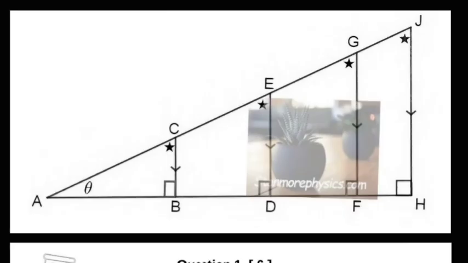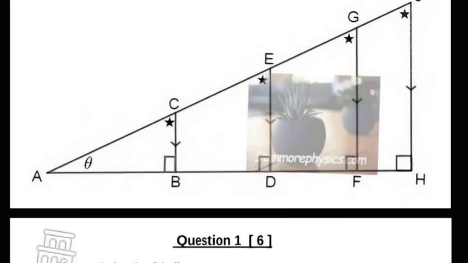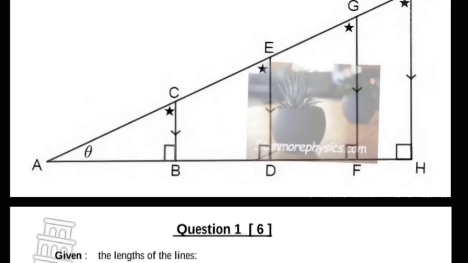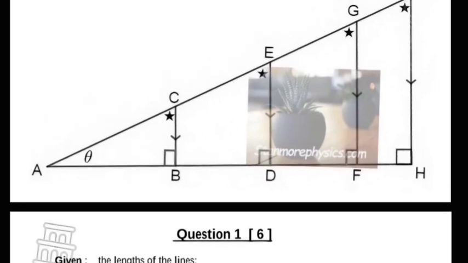Let's now look at question 1. What they've done is they have given us lengths of the lines. So they've assigned a different length to each segment. First off, we've got AB equal to 4.9 centimeters, AD is equal to 8.5, AF 11.8, AH 13.9.